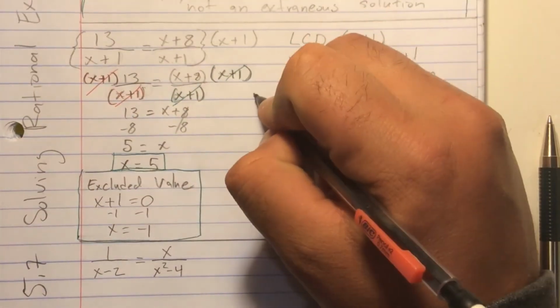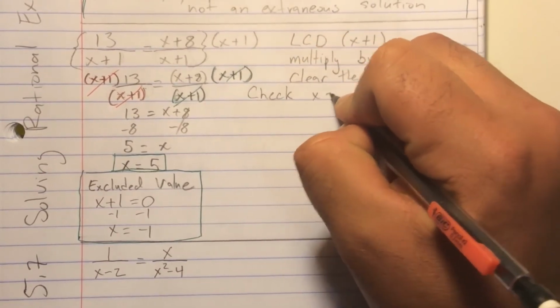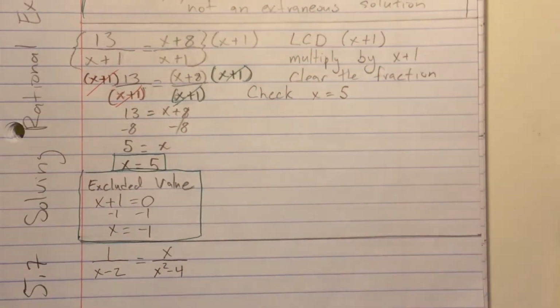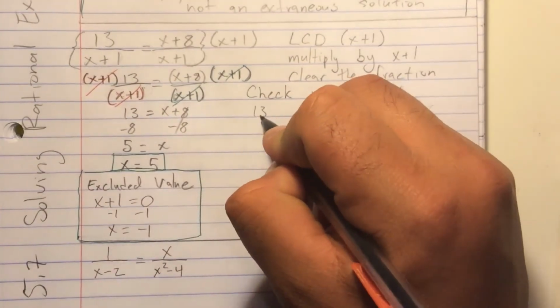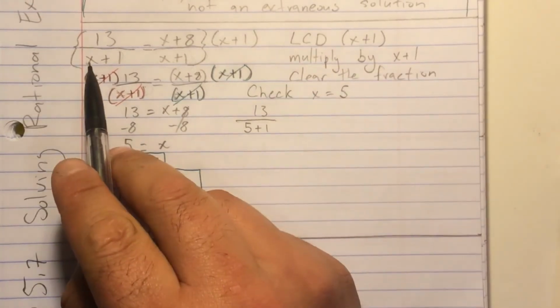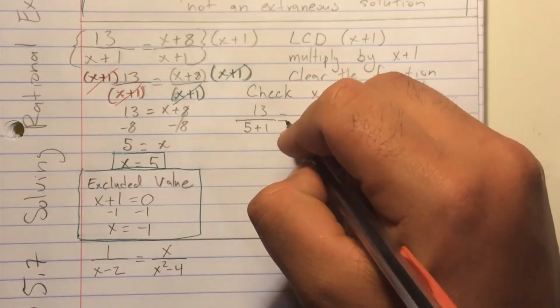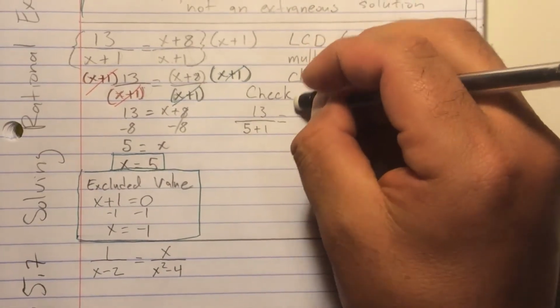So our check's going to be here. We're going to check that x is equal to 5. In order to do that, same thing, we're going to plug it into the original equation. We have 13 over 5 plus 1, because our x is 5 here, equal to, not x, because x is now 5, right?